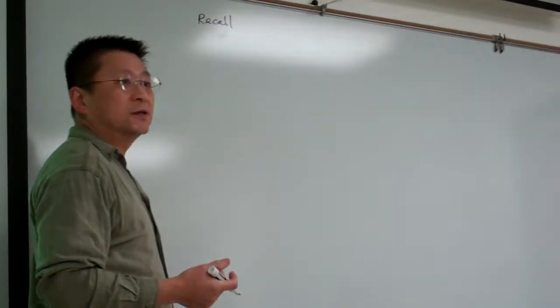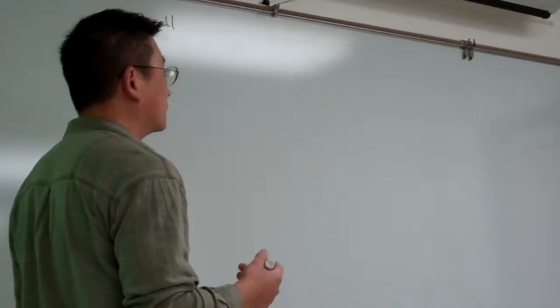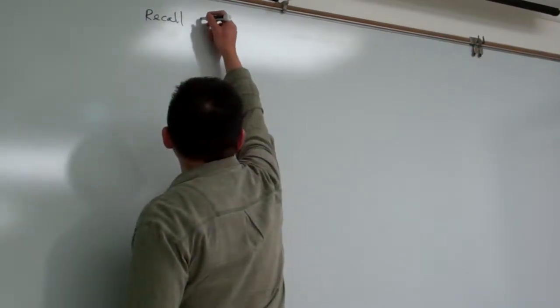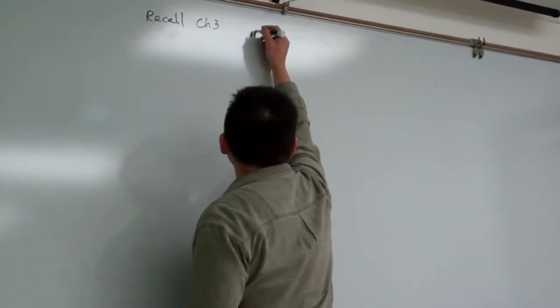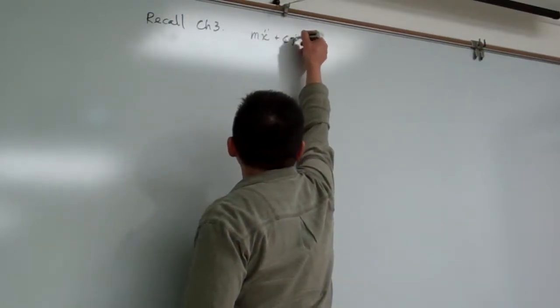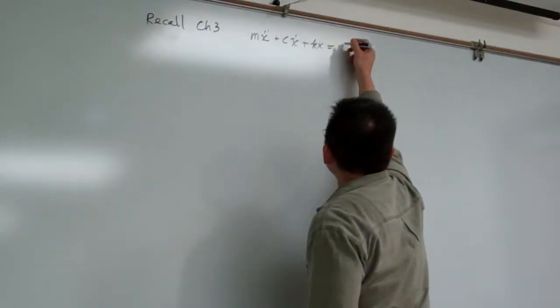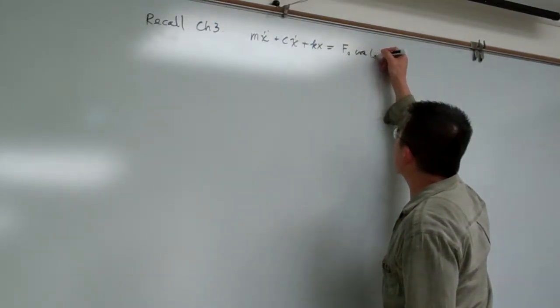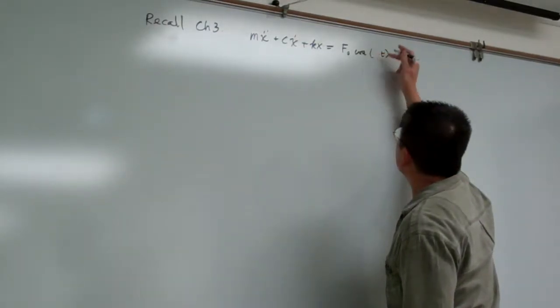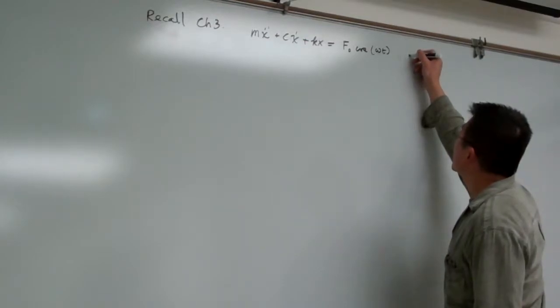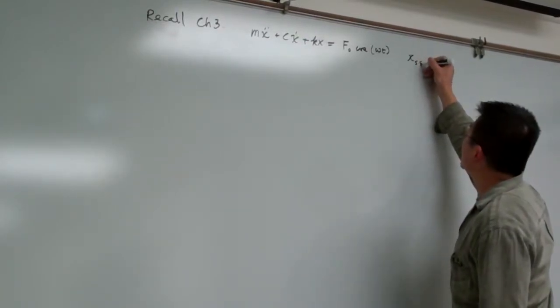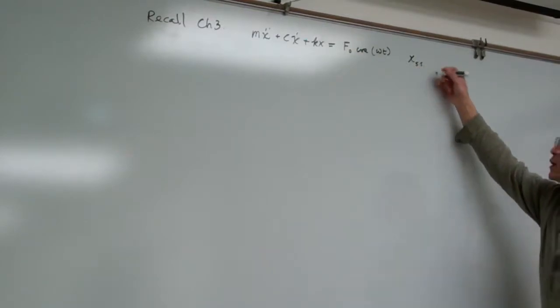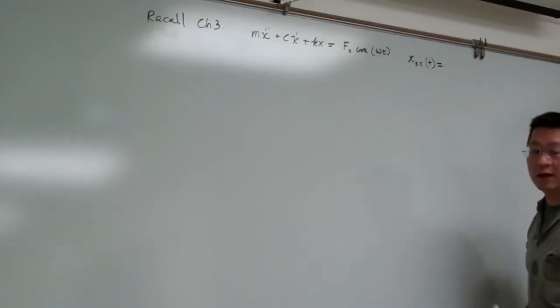In chapter 3, when we deal with such a system, for example, F naught cosine omega t, we know that for the steady-state response, we have this template.